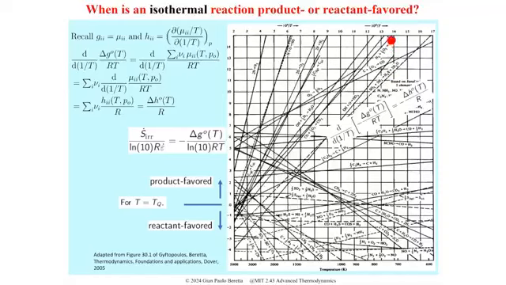But for each reaction, even that of formation of water, if you go sufficiently high in temperature, and high in temperature means 1 over T goes down. So if I go down here, eventually I will find a temperature, for water of the order of maybe 5,000 K, where it becomes negative, so it becomes reactant favored.